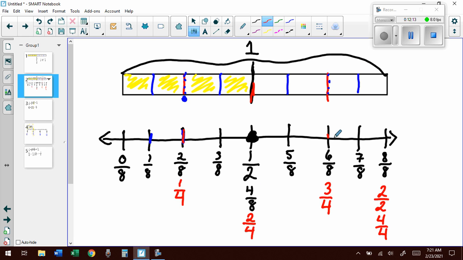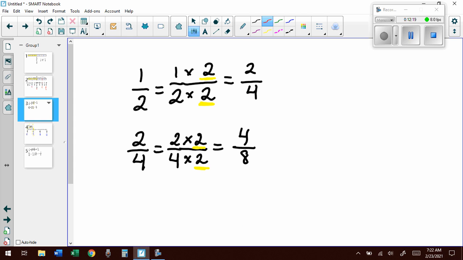We also found that when we got to 6/8, we had 3/4. We showed that in a multiplication sentence. 1/2 is 1/2 times 2, which is 2/4. And that, going even further, is 2/4 times 2 equals 4/8, and all three of them are equivalent.